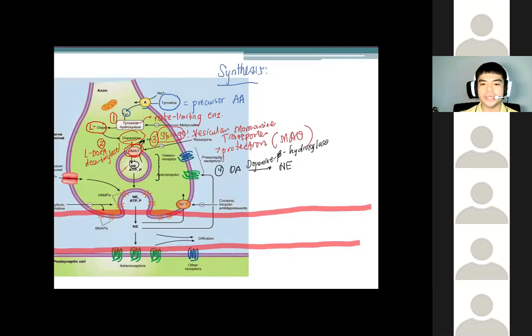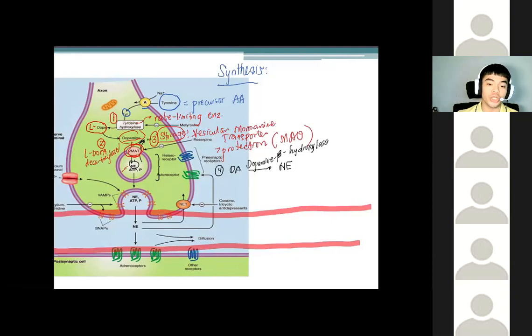Again, inside the vesicle, through dopamine beta hydroxylase, dopamine is converted to norepinephrine. You can see at the end of the fourth step that the majority of the catecholamine being stored is norepinephrine. That means if we have a lot of norepinephrine in the vesicle, it is the majority that will eventually be released.